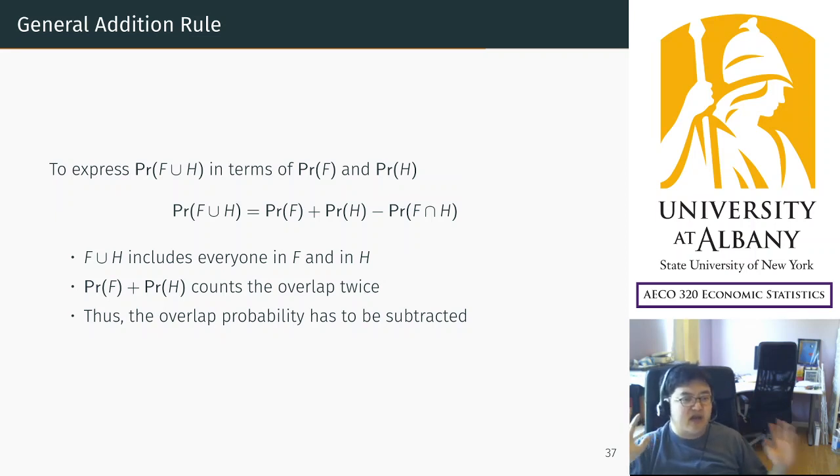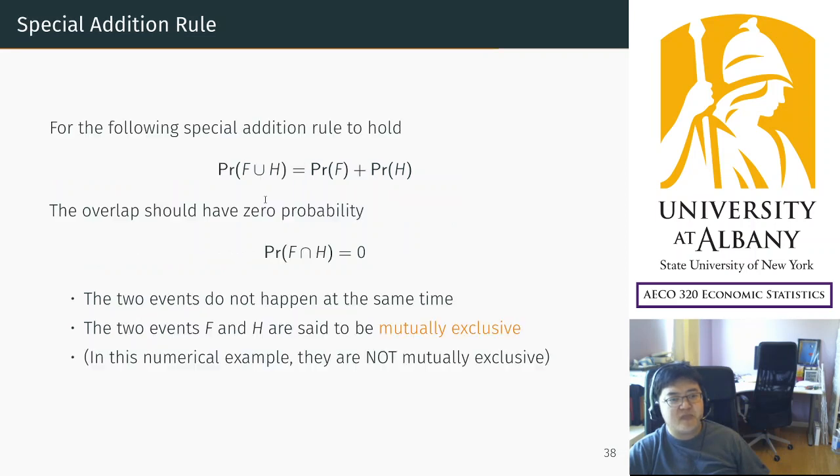That is the idea of this general addition rule. We call it an addition rule because the basic idea is the addition of two probabilities, and we call it general because it applies to any case.